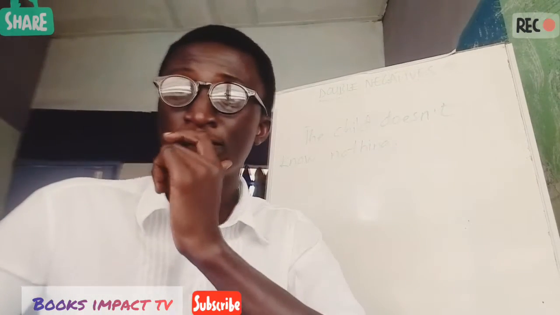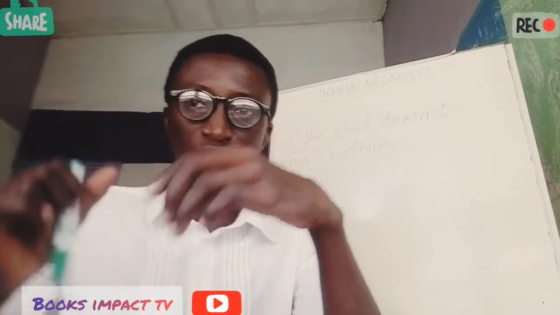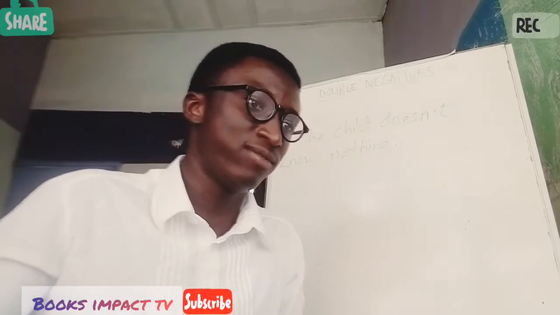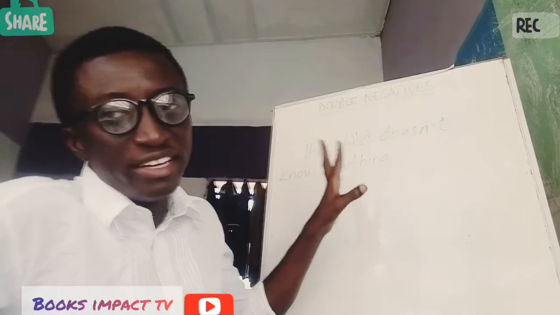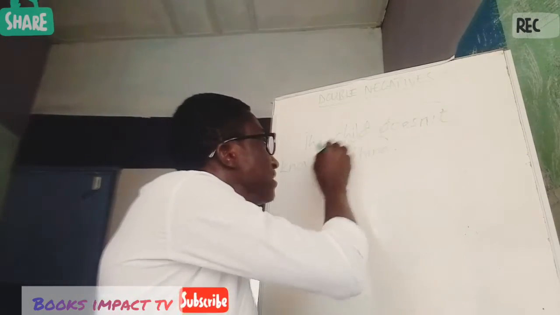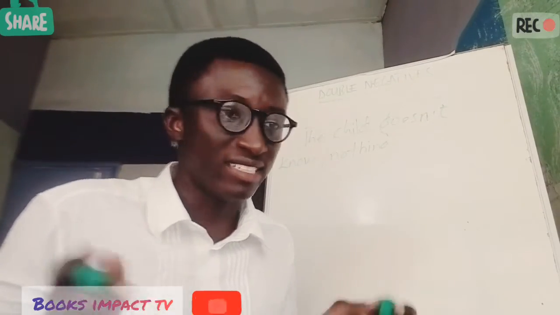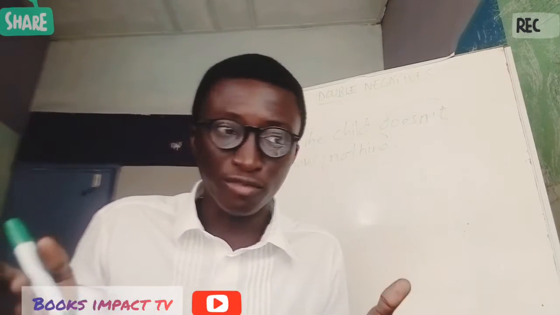I think we all know that the negative particle is the word "not". In this sentence, we have two negatives, and these two negatives are "doesn't" and "nothing". Each of these negatives cancels the other. So when you eliminate either one of them, that is when we get a correct sentence.